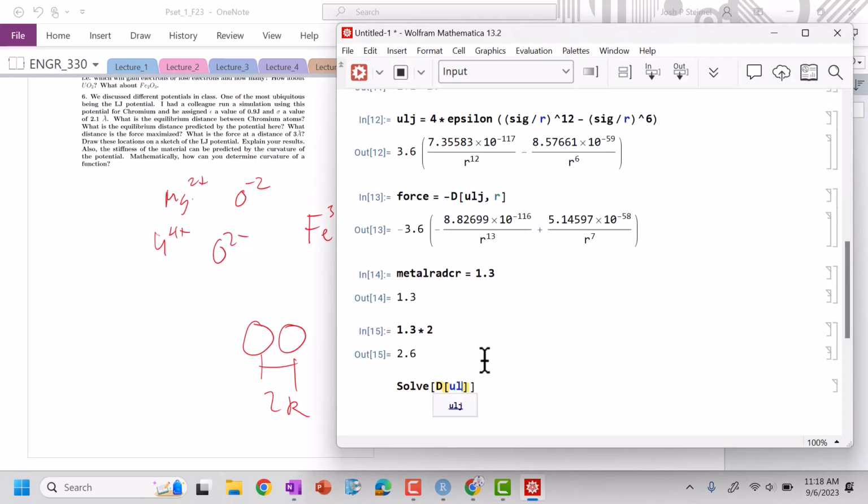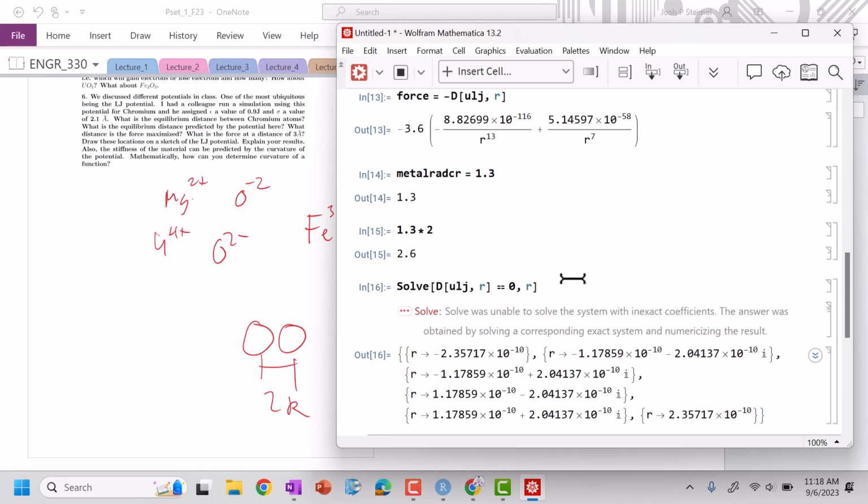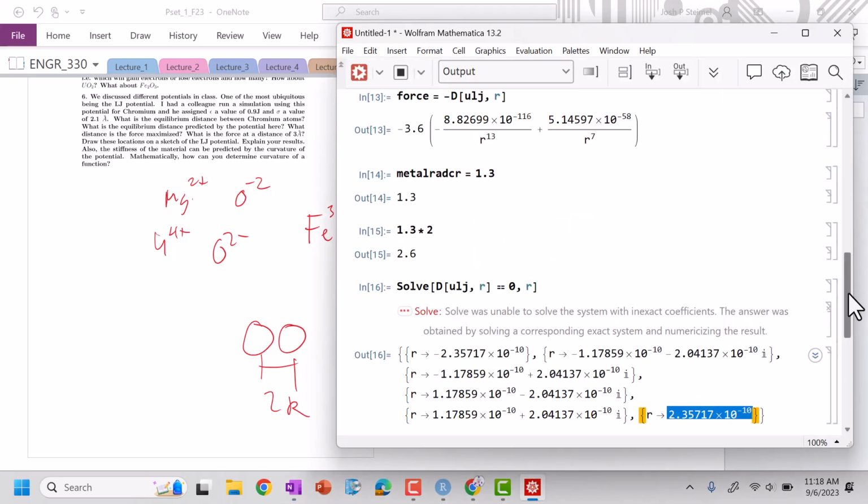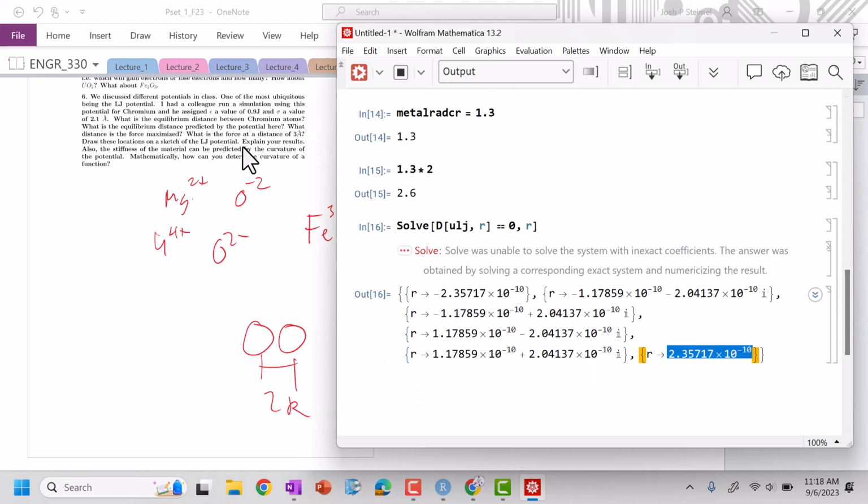So the derivative of U_LJ with respect to r, set it equal to 0, solve for r, and we can see that that value is going to be this. So this is 2.35 angstroms. That's going to be the distance between essentially our particles, our interatomic distance. So it's a little bit off. We were predicting 2.6. This is 2.3. So it's a little bit off there, but not too bad, but something to consider. It's far enough apart where we're a little bit concerned.